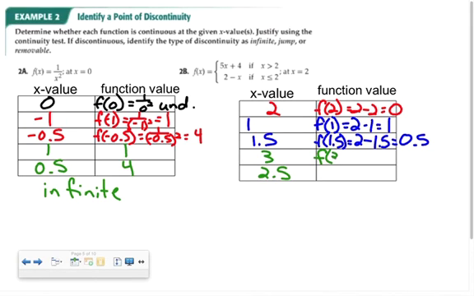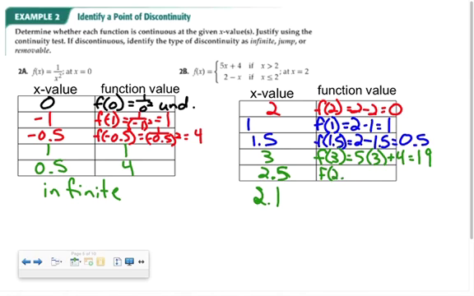So let's find the function of 3. When I find the function of 3, I have to plug it into the first part of my piecewise function. And when I plug it in, I have 5 times 3 plus 4. And that is 19.